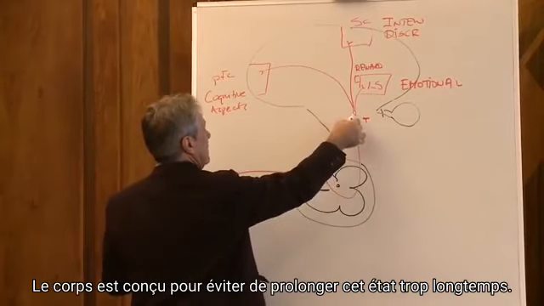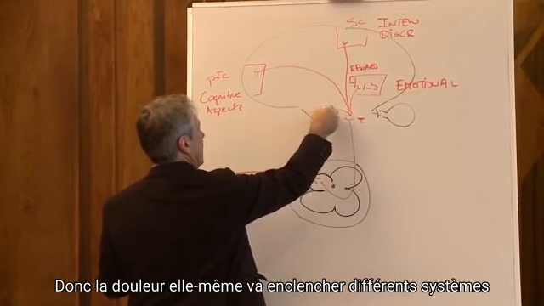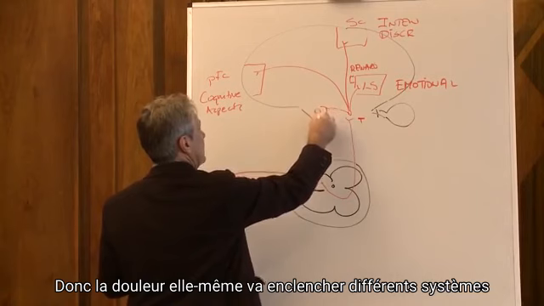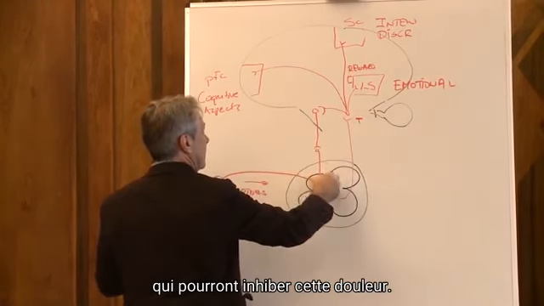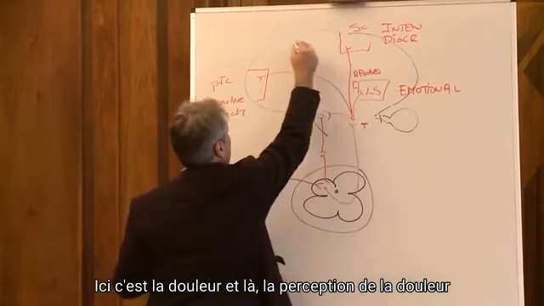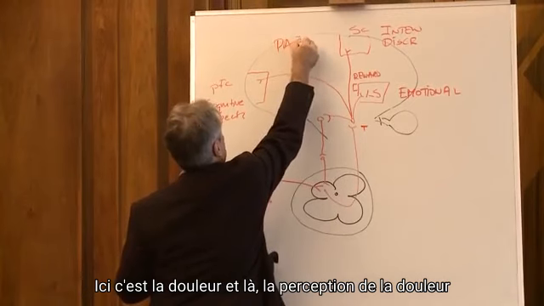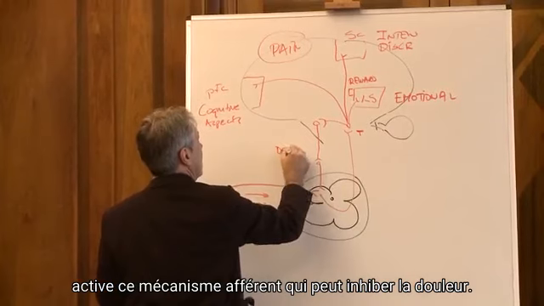Of course, the body is built to prevent this from going on for too long. So pain itself is going to trigger different systems that may inhibit the pain. So here we have the perception of pain activating descending mechanisms that may inhibit the pain.